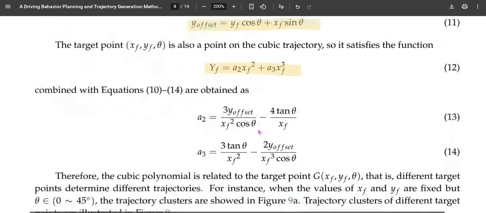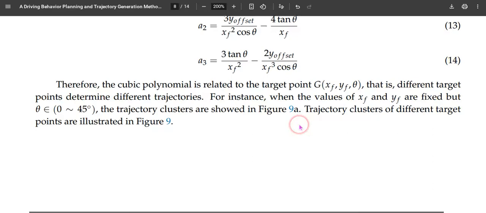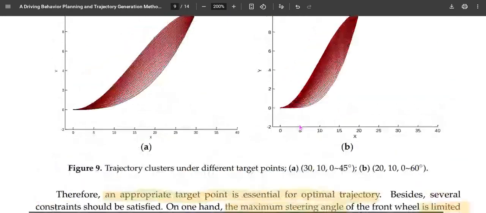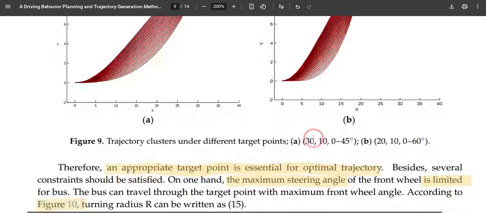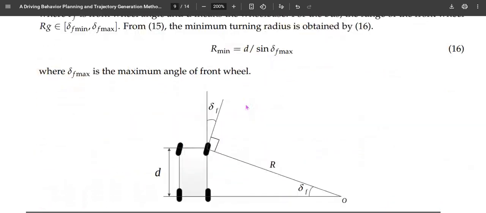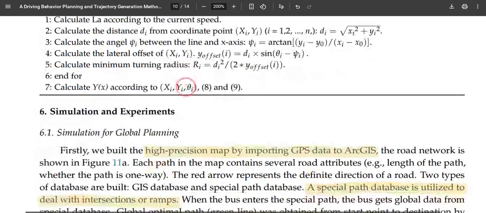Once that information is identified, a0 and a1 become 0, and a2 and a3 are identified using the information from the target point and the offset of the vehicle from the reference path. So it depends upon the heading of the target point and the heading of the vehicle. So these are something for the fixed point. So this is the algorithm for that optimal trajectory generation.